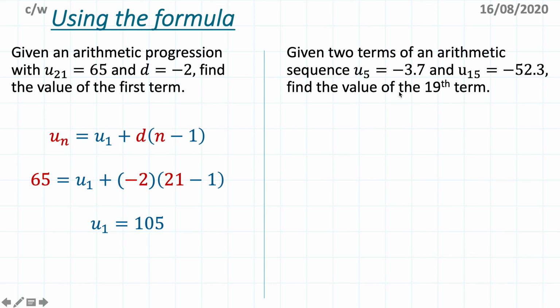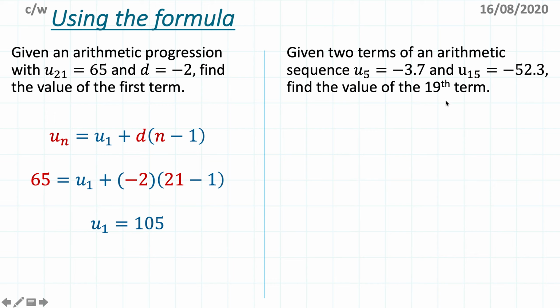So there are many different ways of solving this, where you're given two separate terms, and you are meant to find, as it says here, the 19th term. So you're not given the first term, you're not even given two consecutive terms to be able to find the common difference. So how can you do it?